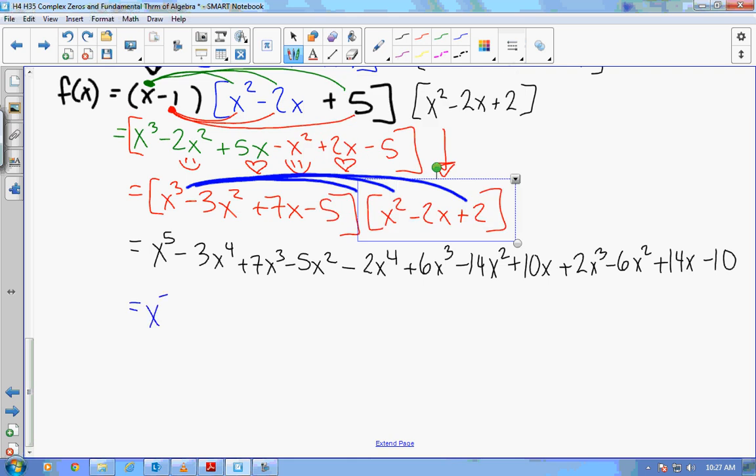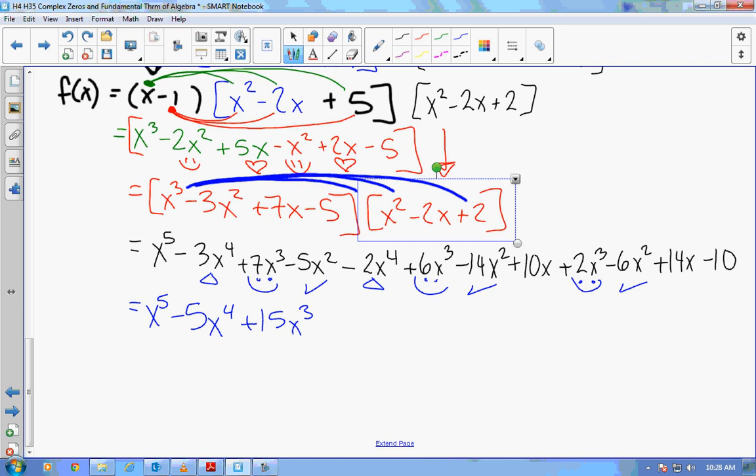X to the 5th will be the highest one. Look at all the x to the 4th. Add them up. How many x to the 4th? Negative 5x to the 4th, because there's 2 terms, but one's negative 3 and one's negative 2. Then we do x to the 3rds. There's a few of them. How many x to the 3rds? Positive 15. And then x squareds, these check marks.